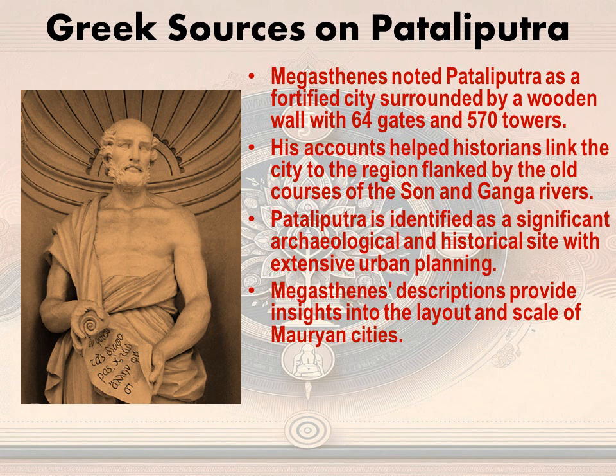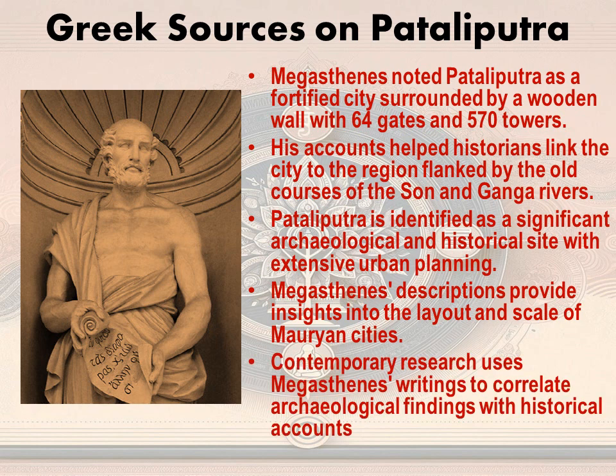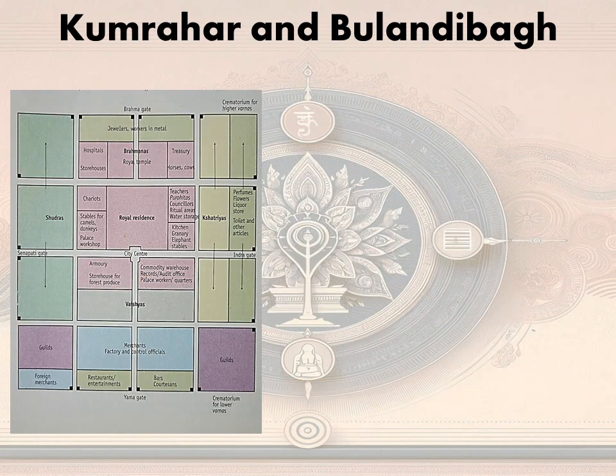From here, we come to know about the dimensions and size, the area covered by the Mauryan cities. Contemporary research uses Megasthenes' writing to correlate archaeological findings with historical accounts. So, Megasthenes' writing helps us to correlate the archaeological findings with that of the literary sources.